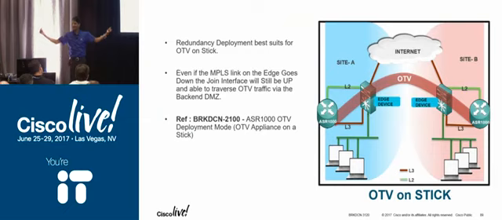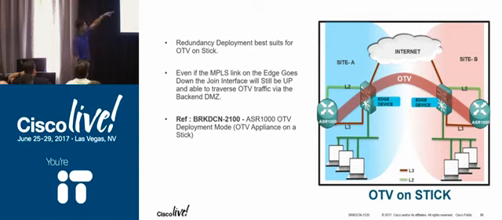I'll have one single interface connected towards these edge devices, could be some 6500s, could be any router for that matter. So your join interface for your OTV services is in the back end of the edge devices rather than being on the edge device. That is what an OTV on a stick deployment is.